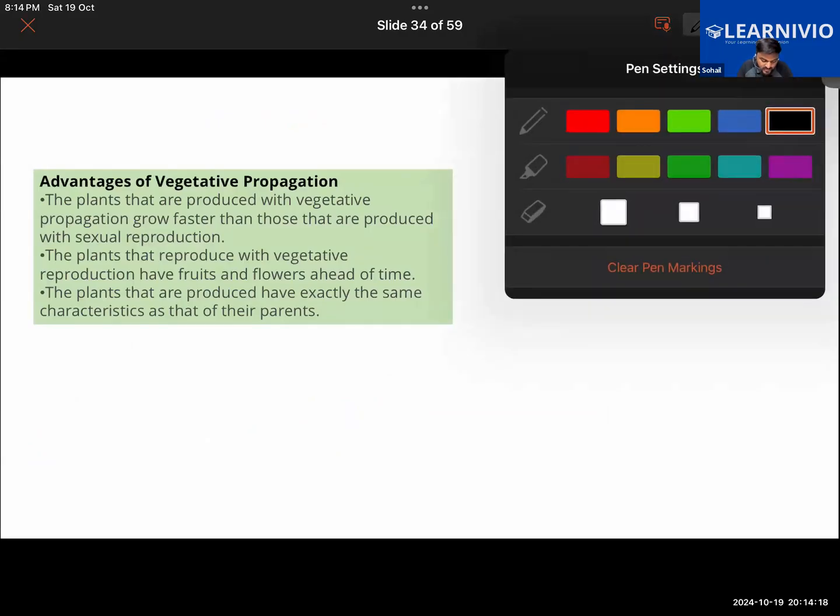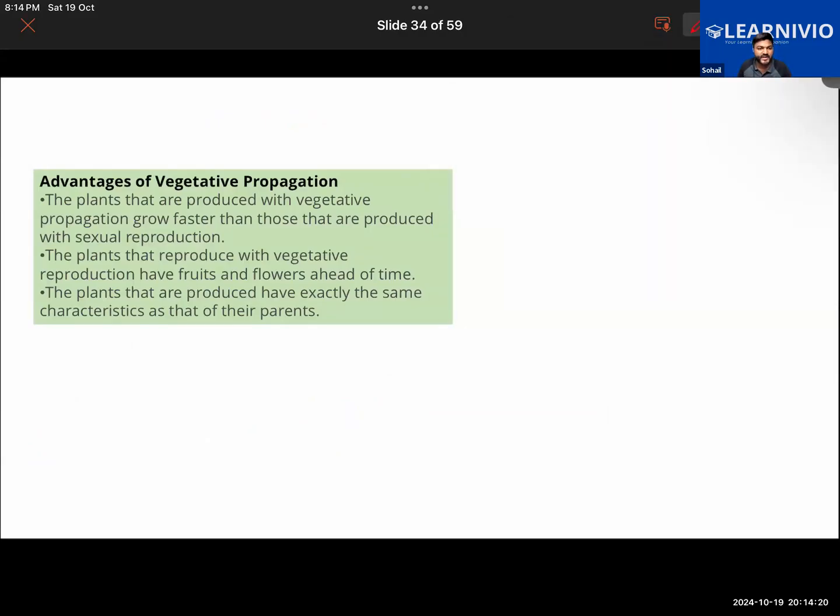So we have learned about all the different methods of artificial vegetative propagation so far. Prior to that, we have learned about natural methods of vegetative propagation also. But whether it be natural or artificial, all of them come with some advantages.